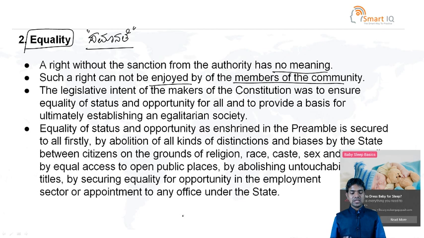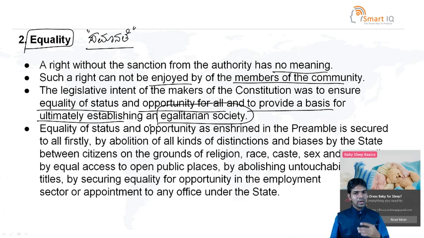Yes, the legislative intent of the makers of the Indian Constitution was to ensure equality of status and opportunity for all and to provide the basis for ultimately establishing an egalitarian society. This equality makes it an egalitarian society. An egalitarian society means an equal society.